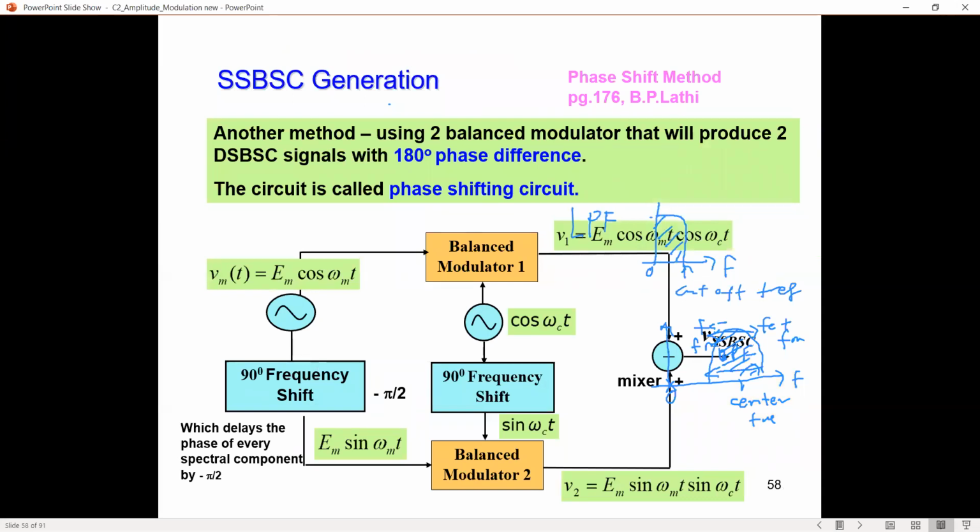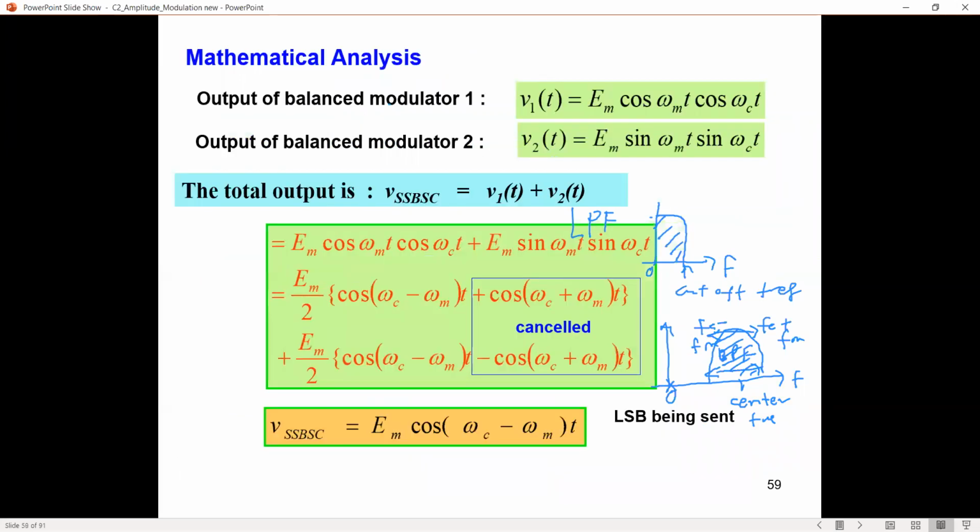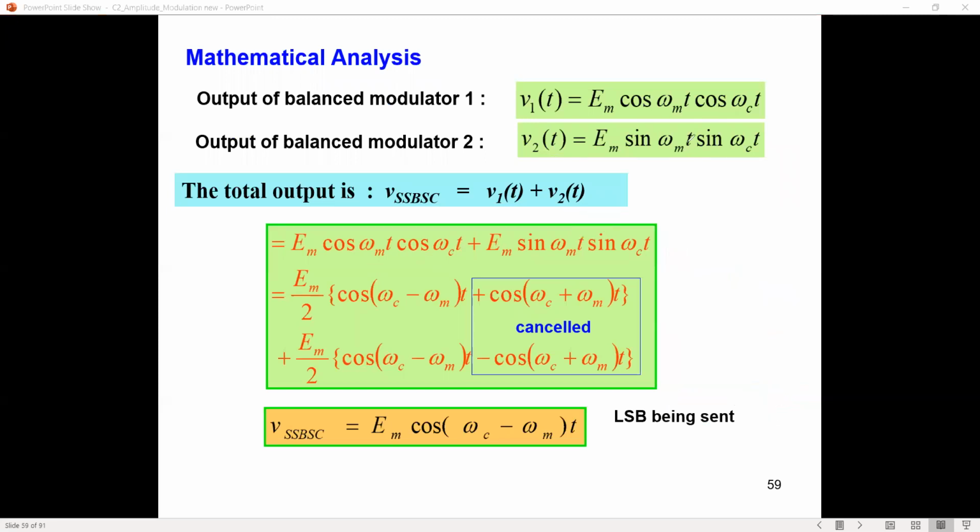Any more questions? So doctor, how do we choose when we're going to use the SSB or this DSBSC? It is based on the question. Means the question will state which equation we are going to use, right? Yeah, but sometimes it's not that direct, it depends on the wording.